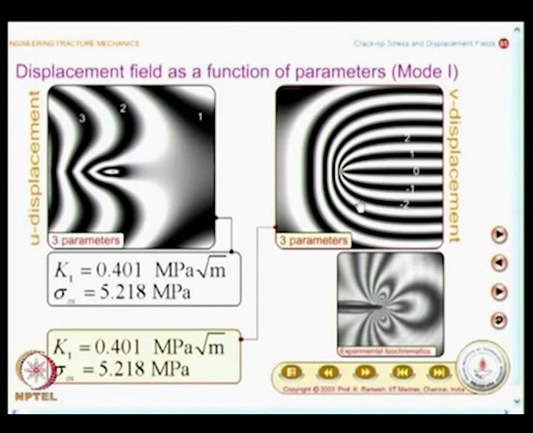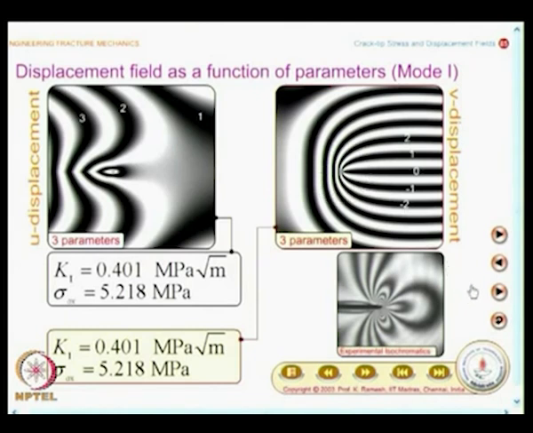and as I increase the number of parameters, you will find there will not be any perceptible change in the geometry of fringe patterns. This is the kind of experiments that you have done based on Moiré.